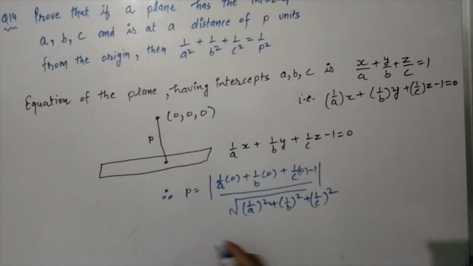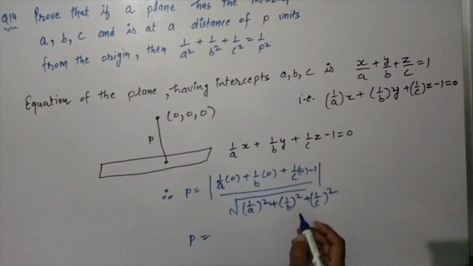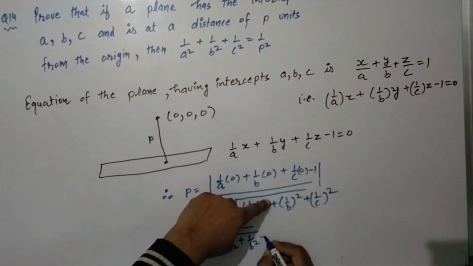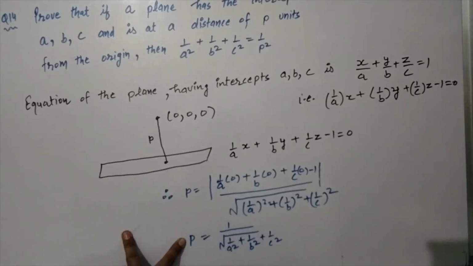Now what happens, p is equal to 0 0 0 minus 1. Modulus of minus 1 is 1, upon square root of 1 upon a square plus 1 upon b square plus 1 upon c square. Now what we can do, we can take the reciprocal and square both sides.